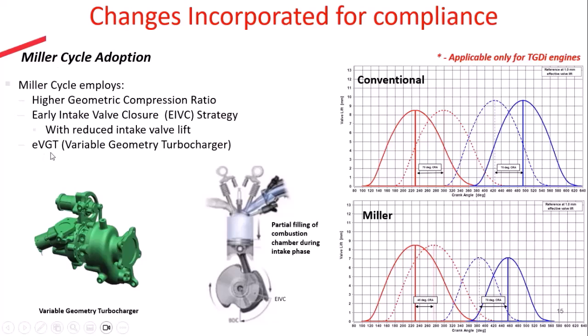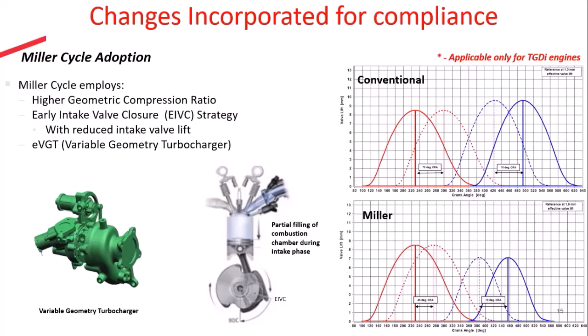All right. So now there are more diagrams here. Just look at this graph over here. You have the conventional graph and the Miller cycle graph. Take 10 or 15 seconds to go through this figure. The x-axis has the crank angle, which is in degrees.